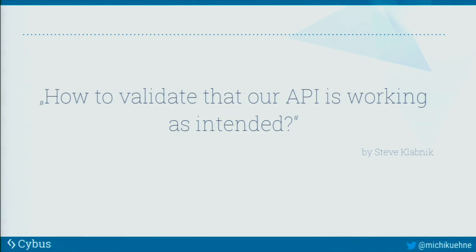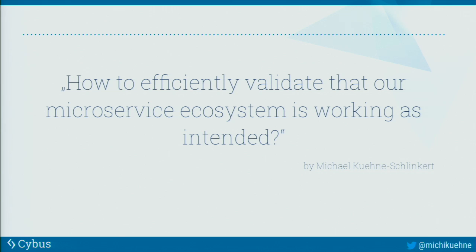We have to answer the question of how we validate that our API is working as intended. If we look at a single API, that's still true, and we still have to answer this question, but that's not enough anymore. Nowadays, we have to answer this question as well. I modified it a little bit and re-quoted it somehow. So we have to do this in an efficient way, and we have to look at the whole ecosystem.